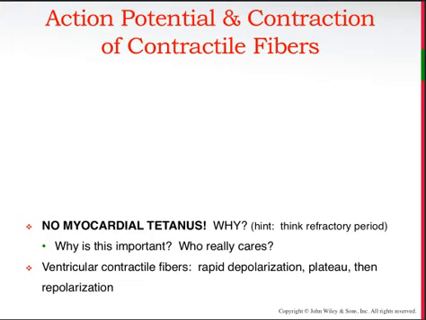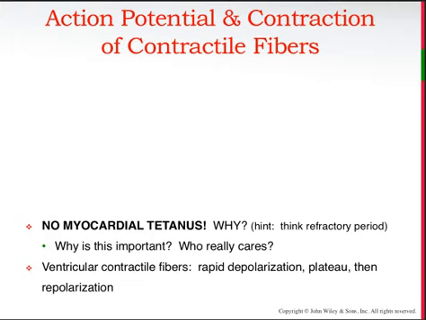Remember, the myocytes, those specialized depolarizing cells, were only about 1%, and the rest of the fibers are considered contractile fibers. An interesting thing about the myocardium is that there's no myocardial tetanus. You need to remember what tetany is, and how tetanus occurs.